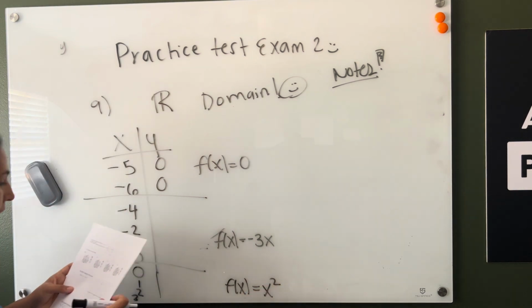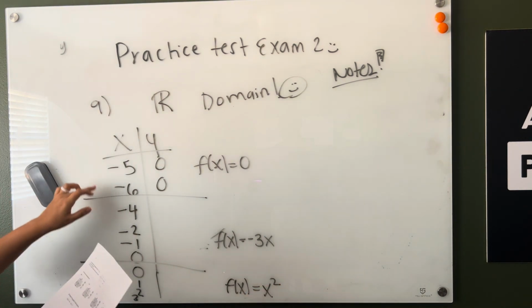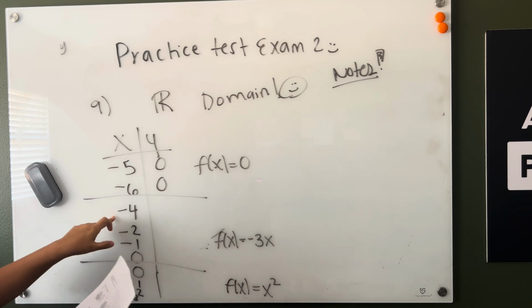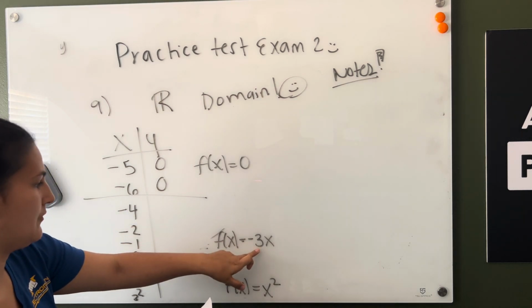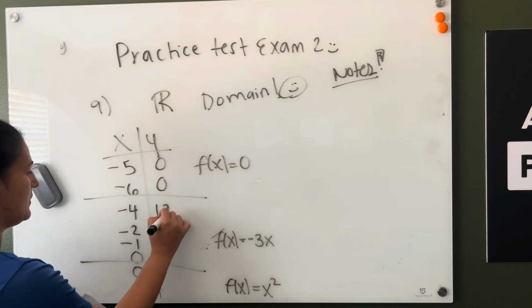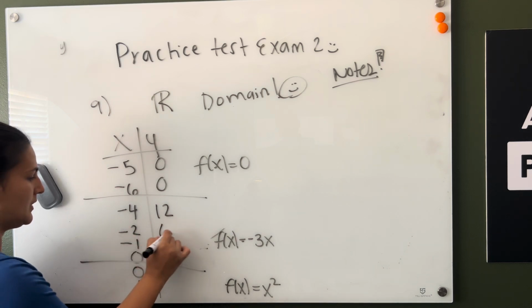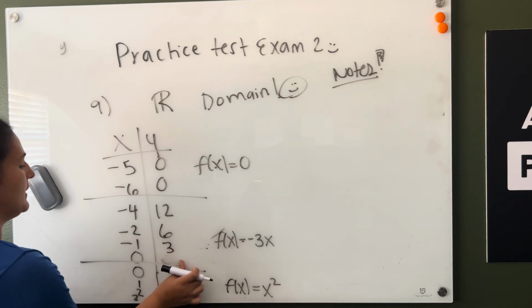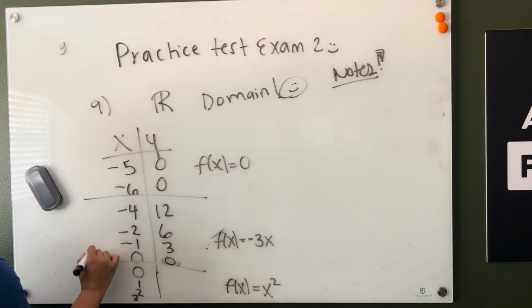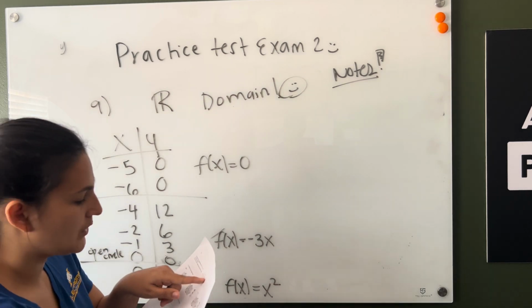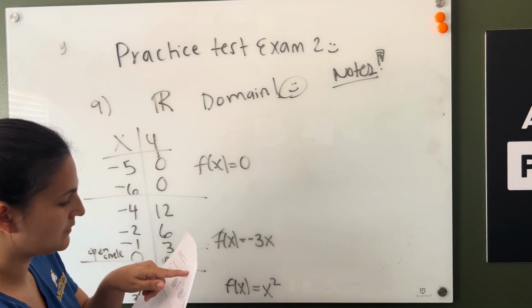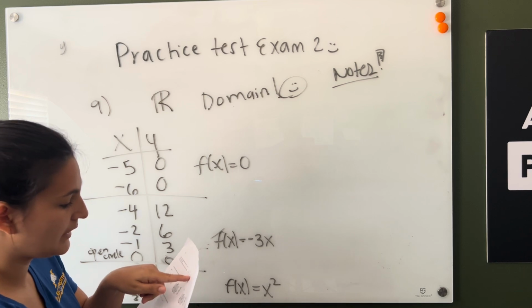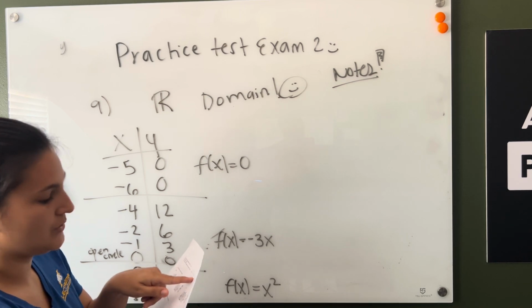Okay, so here, for the middle function, when I plug in -4, you're going to be multiplying by -3. So -4 times -3 is 12, -2 times -3 is 6, -1 times -3 is 3, and of course 0 times anything is 0. But keep in mind that this 0 that I plugged in is an open circle, right? Because when you look at the second function, -3x is in between -4 with the bracket at -4 and an open circle at 0.